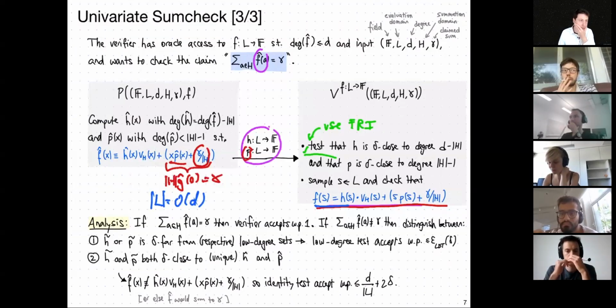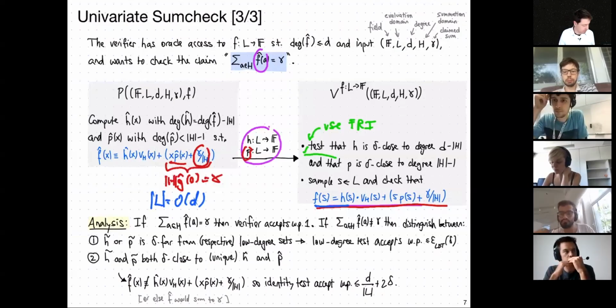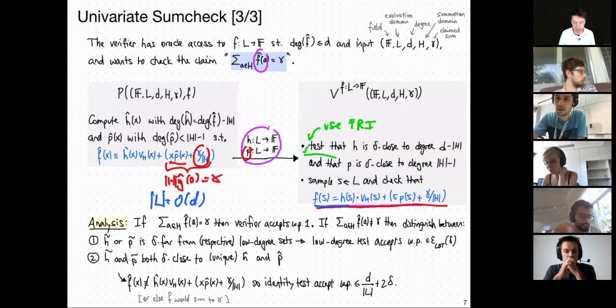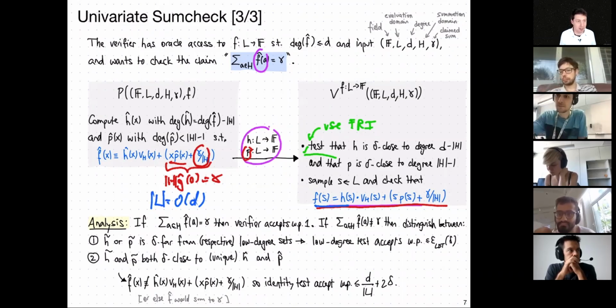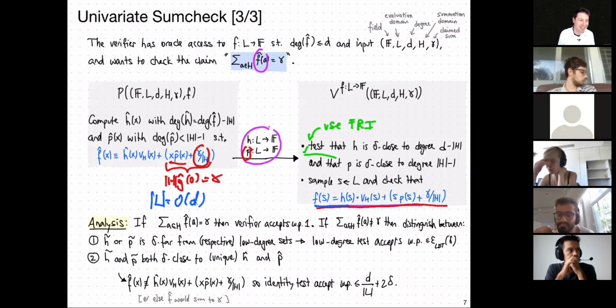Maybe another quick question. If my understanding is correct, the term 2 delta comes from the fact that when we test H and P separately, the errors might be in different positions, right? Yes, and with a slightly more accurate analysis, you can actually make the 2 go away. Yeah, that's what I was thinking. If we test both H and P at the same time, maybe taking a random linear combination, shifting the degrees, maybe we can remove the 2. Yes, this can be done, but it's more advanced.